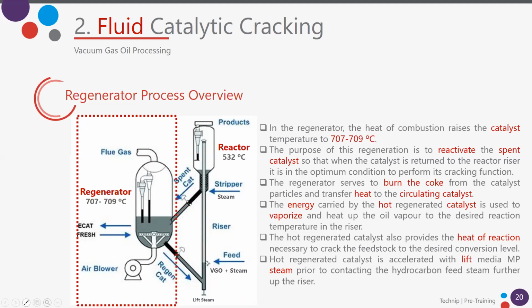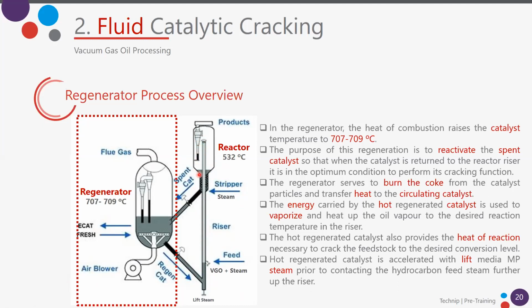So now we have seen the overview of this reactor regenerator. Here in the riser, we have the cracking reactions, and then we have here the spent catalyst. Why spent? Because we have coke, we have lost some of the activity of the catalyst due to the coke formation.